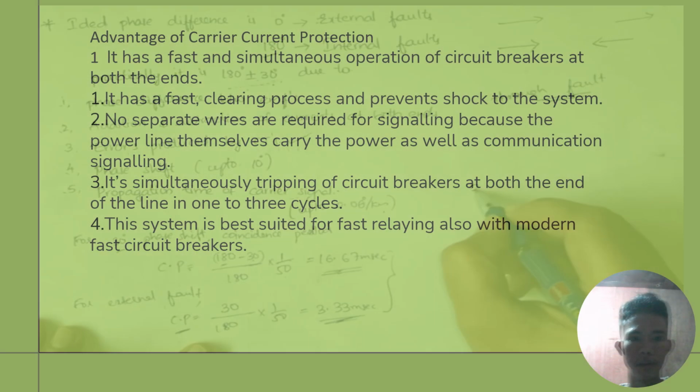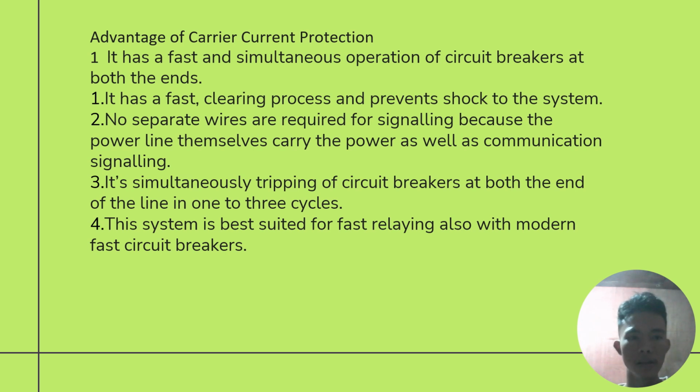Now we will be discussing the advantages of the phase carrier current protection. Number one, it has a fast and simultaneous operation of circuit breakers at both ends. Next, it has a fast clearing process and prevents shock to the system.